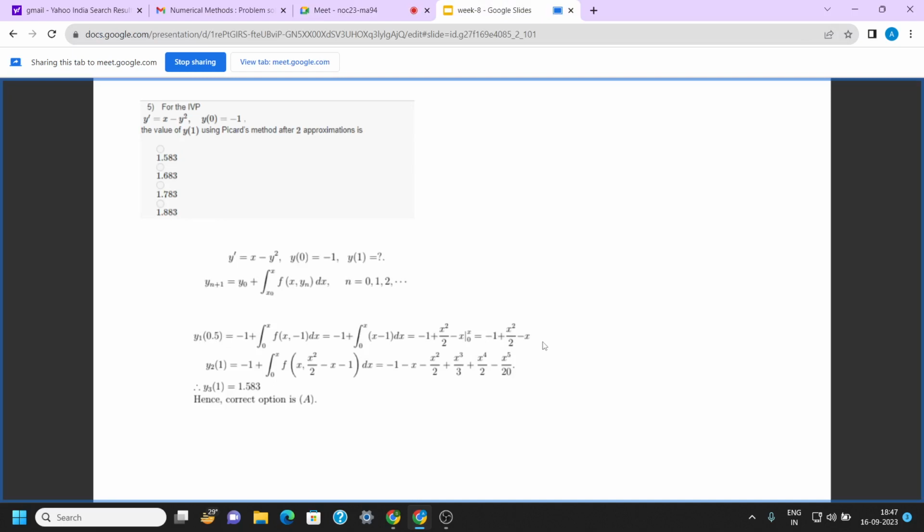Now once you have got this, you have to calculate y2. So y2 will be at 1, that is the next approximation. So y2 at 1, that will be given by minus 1.